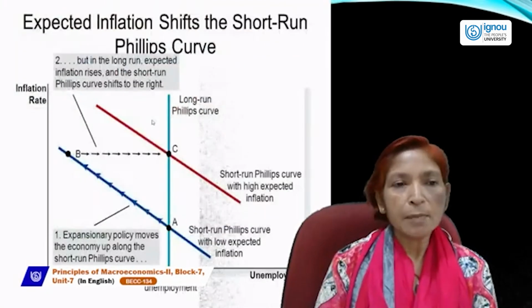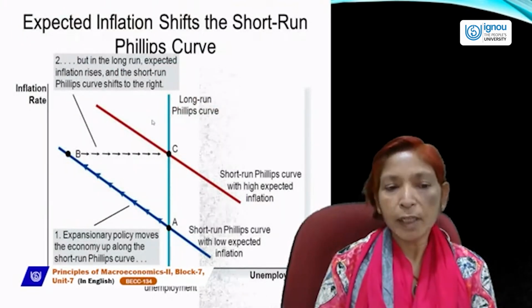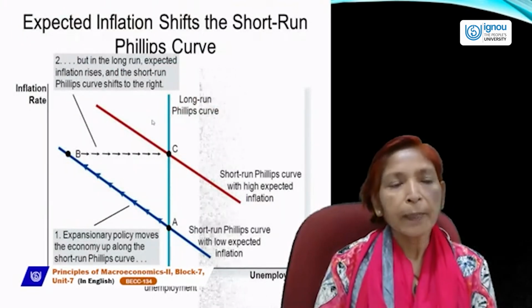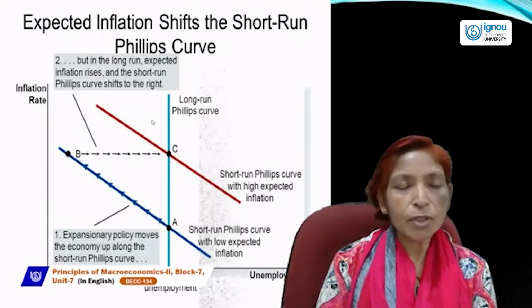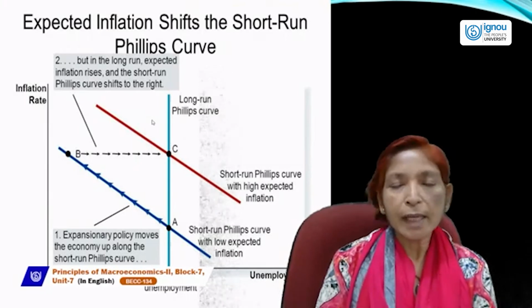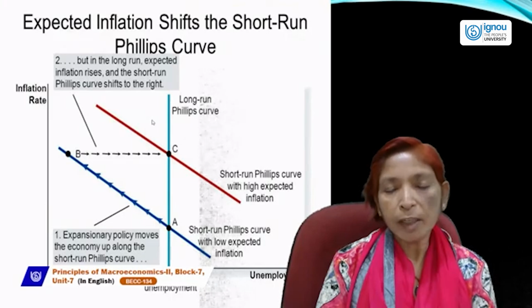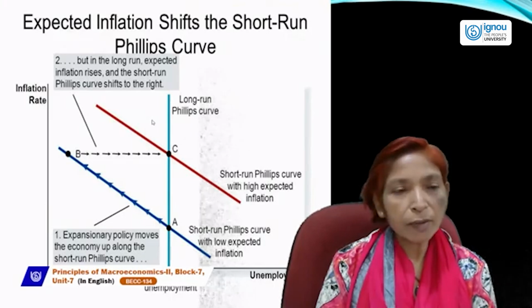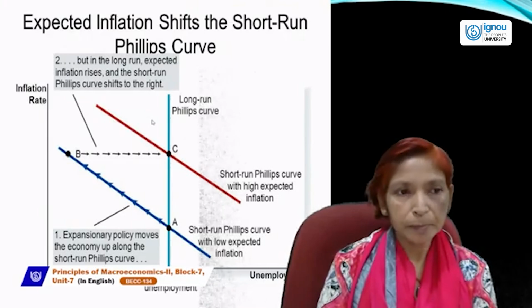Next is that expected inflation shifts the short run Phillips curve. If we expect that in the future the inflation rate will increase, this expected inflation rate can shift the short run Phillips curve, but the long run Phillips curve will not shift, will not change.